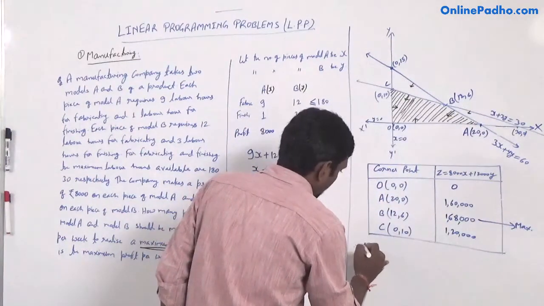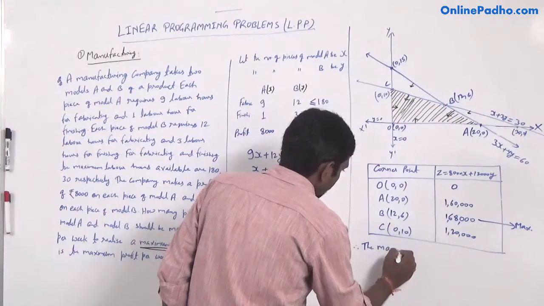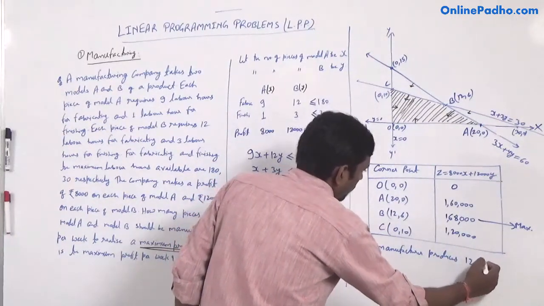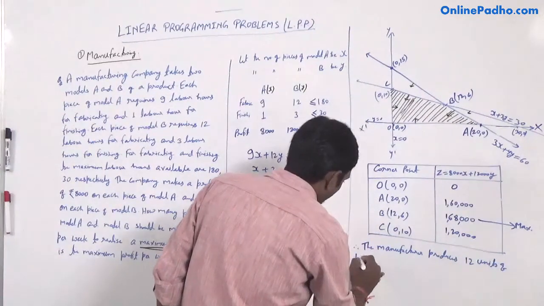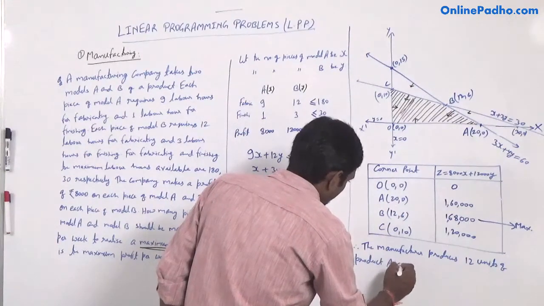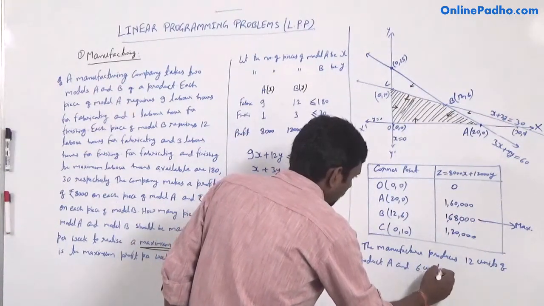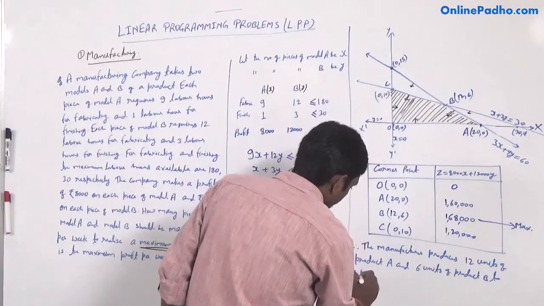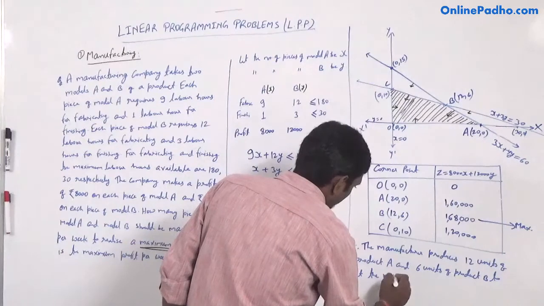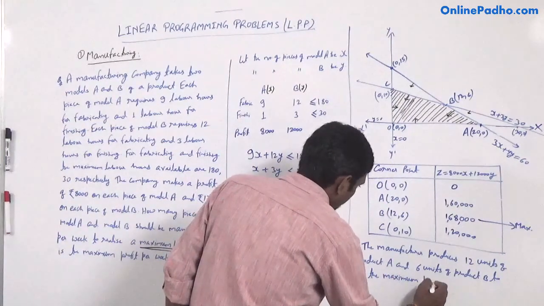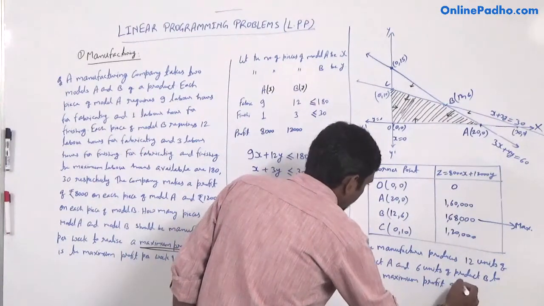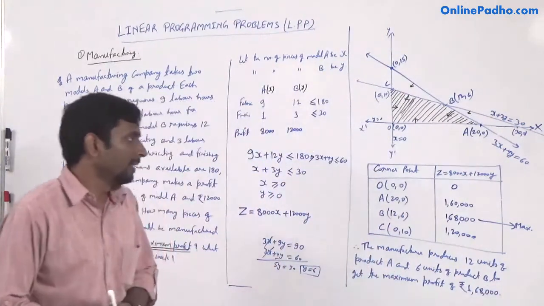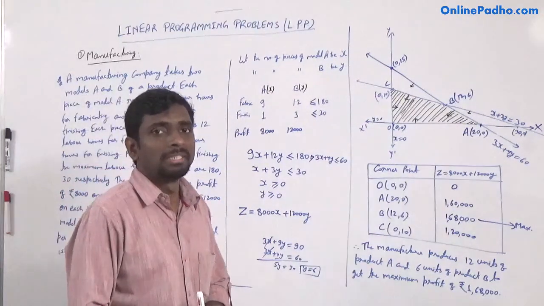So therefore, the manufacturer produces 12 units of product A and 6 units of product B to get the maximum profit of rupees 1,68,000. Right? This is the maximum profit.